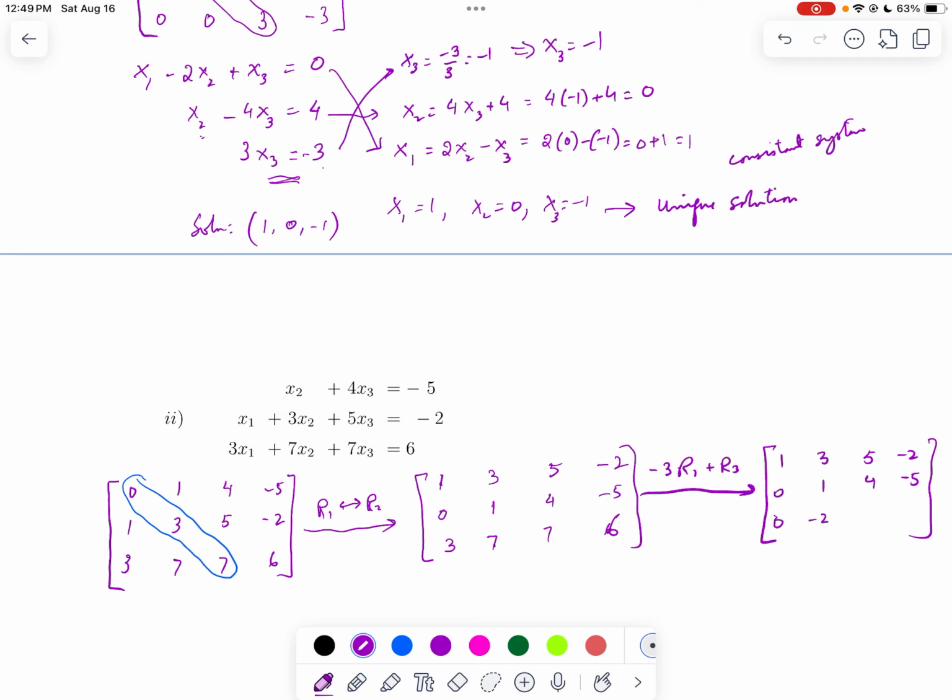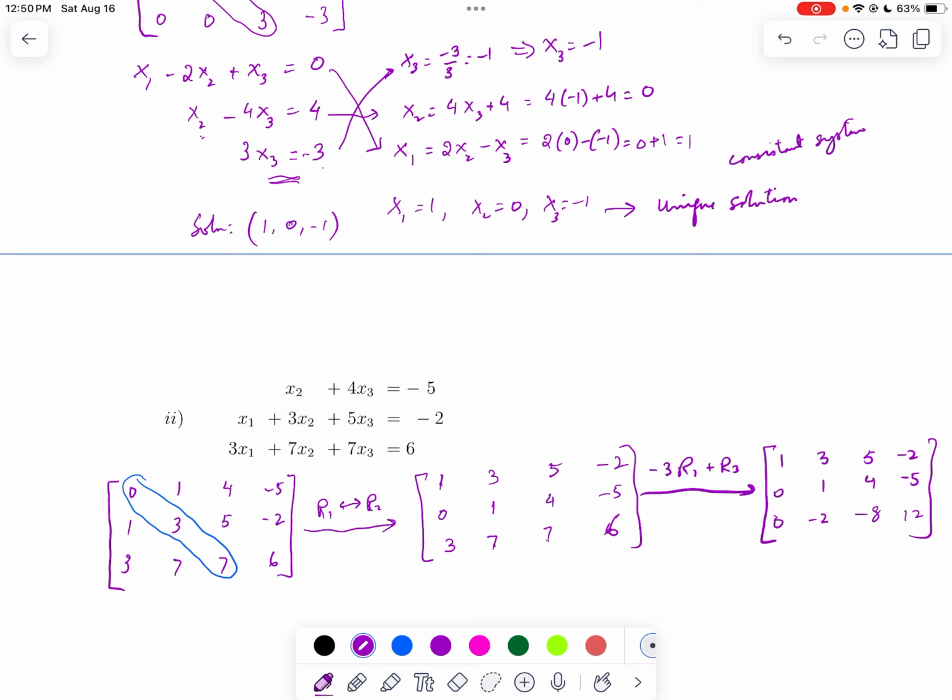Then 5 multiplied by -3 gives me -15 plus 7, so -8. And with the last one, -3 into -2 is 6. 6 plus 6 is 12.